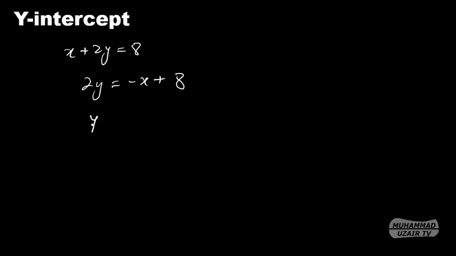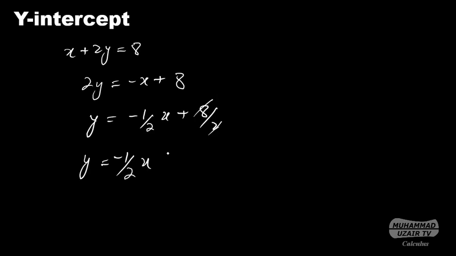So y is equal to minus 1 over 2 x plus 8 divided by 2, by dividing by 2 on both sides. So y is equal to minus 1 over 2 x plus 4.